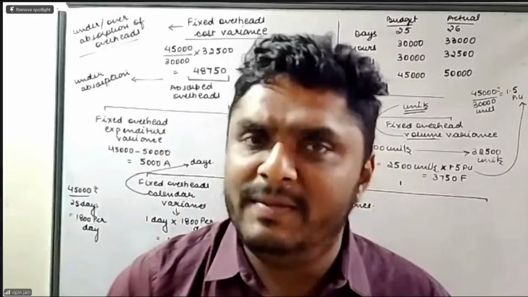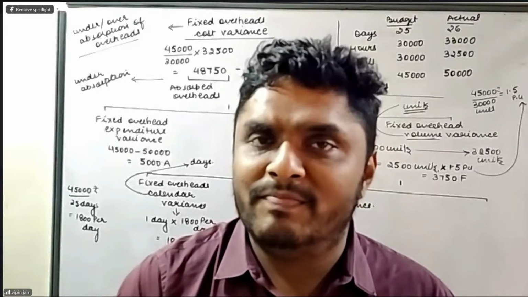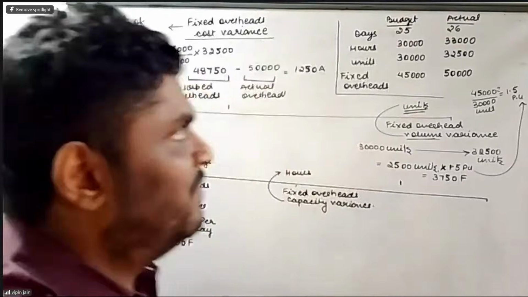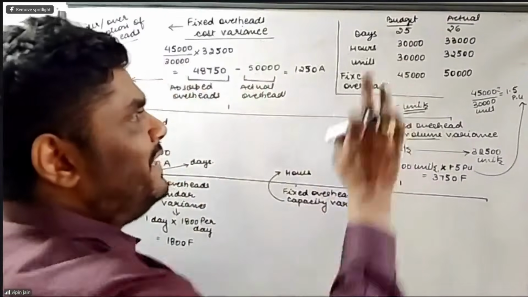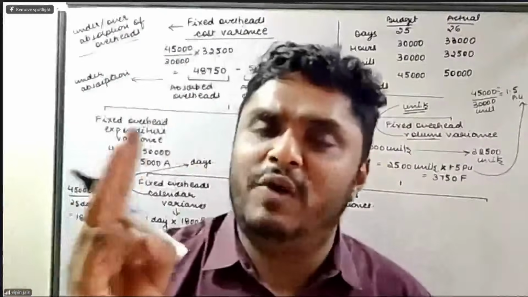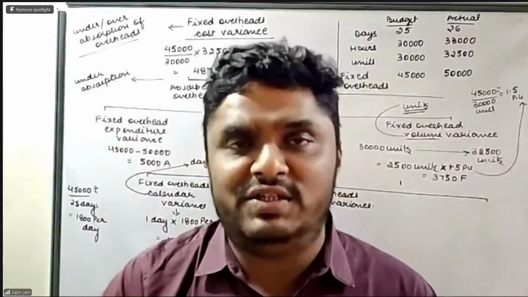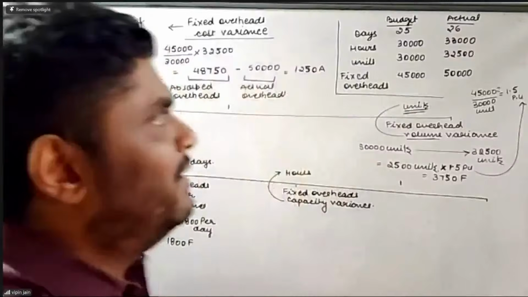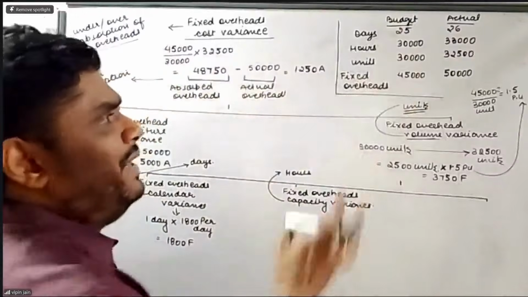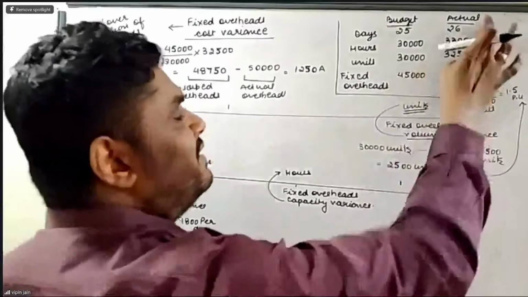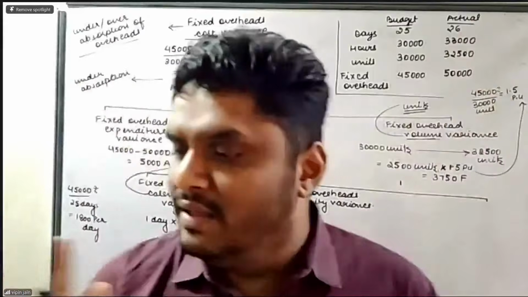See, we can say that we did a fabulous job wherein we worked for 3,000 hours extra. But this answer is incorrect because 30,000 hours are for 25 days. So we have to bring 33,000 to 26 days, to make it comparable.